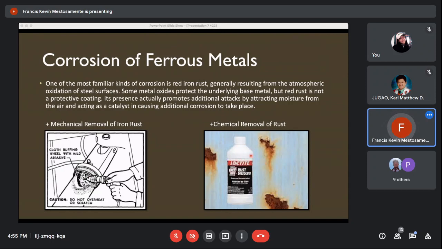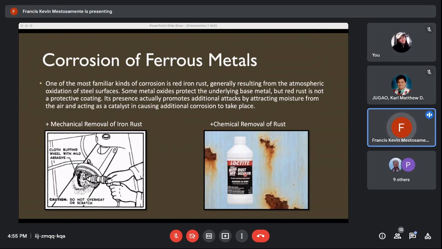We got here Loctite. Loctite is a common rust dissolver na ginagamit before, especially on general aviation. May mga chemical, marami tayong mga chemical readily available on the market. So better check their MSDS first before you use it. One example, itong Loctite, you could see rust dissolver siya.